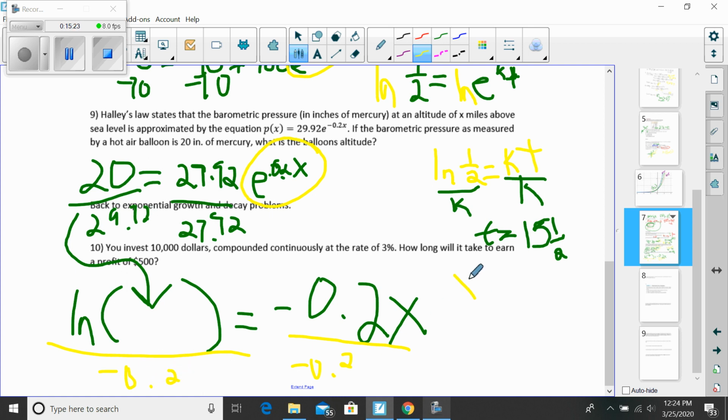And my value for x is, where's my work here? Wait a minute. I wrote it on my paper. I can't even read my own writing. I'm sorry about that. About 12, I got 12.68.